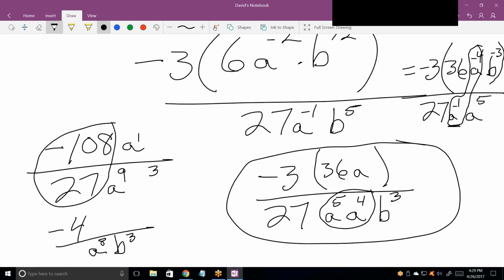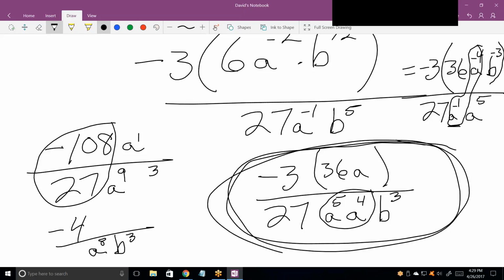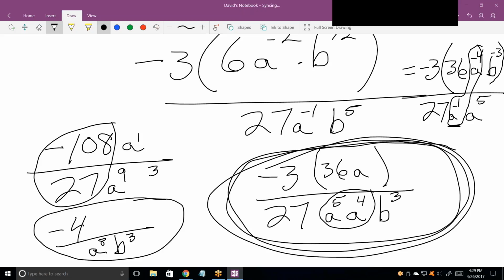So I figured the smartest thing to do was to immediately turn everything into positive exponents and then go from there. But there's no correct way. It's any way that eventually combines the A's, combines the B's, and combines the numbers and results in positive exponents. However you get there doesn't matter.